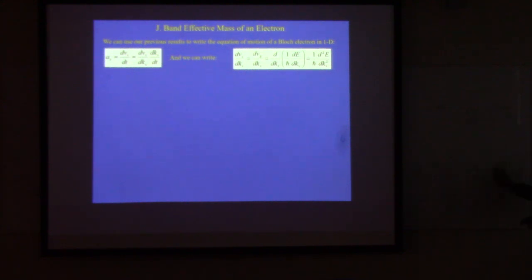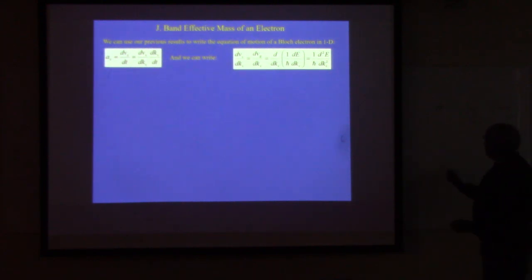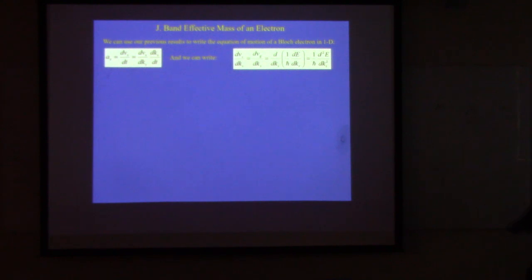So let's take a simple, this kind of band structure. Then what is E? k squared over 2m, right? Parabola. Then what is dE over dk? It is h cross squared k over m, right? So then what is the second derivative? H cross over m.